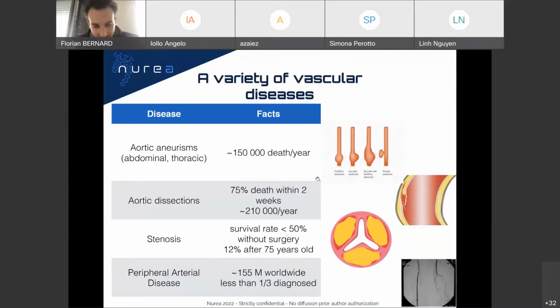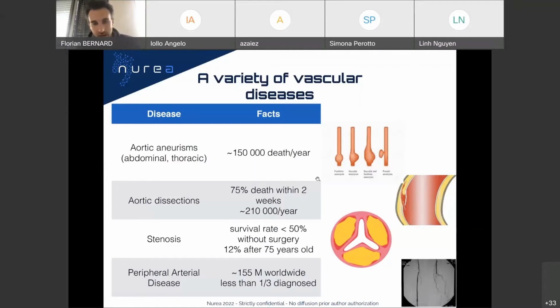Here I listed a few major diseases that you can find on the vascular network: aorta, peripheral arteries, carotids. They are basically of two kinds, with different names according to the anatomical zone where the disease is present. The first kind is an enlargement of the vessels, what we call aneurysms.